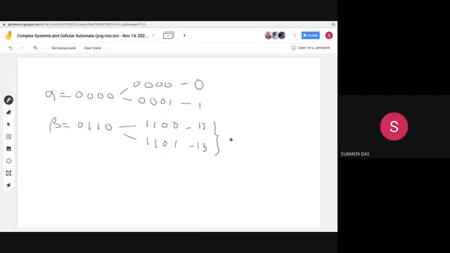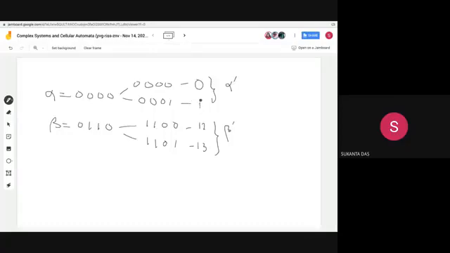Possible beta dash are 12 and 13, and possible alpha dash are 0 and 1.